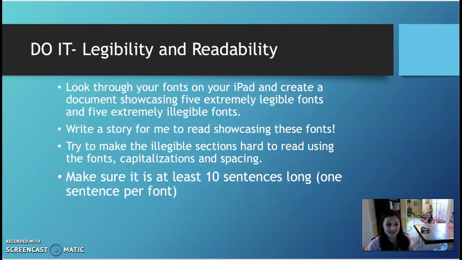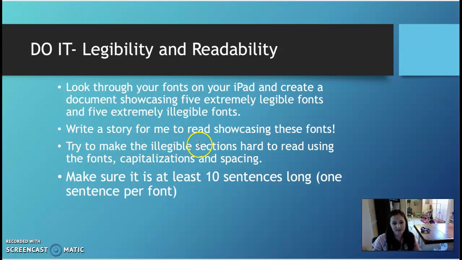All right, so what are you guys going to do with this assignment? I want you to look through your fonts on your iPad and create a document showcasing 5 extremely legible fonts and 5 extremely illegible fonts. And then write a story for me to read showcasing these fonts. This can be a real story, it can be a fake story, whatever you want it to be.